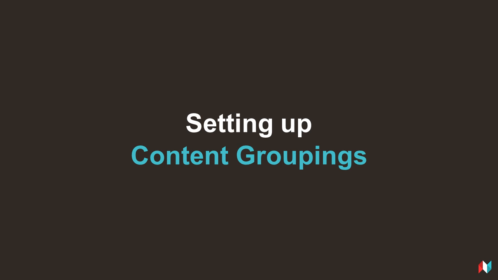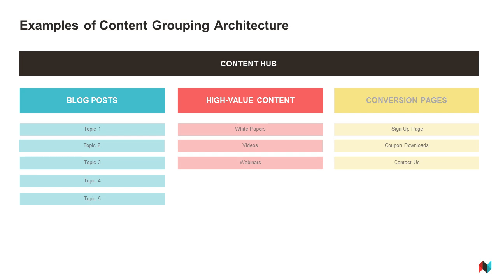So once we've done this exercise, what I want to do now is content groupings. Content groupings at a simple level is segmenting out the site so that you're able to look at different statistics on it through a very focused lens. And just to show you visually what this means, on your Content Hub, you most likely have different categories that are very different in the way people interact with them.